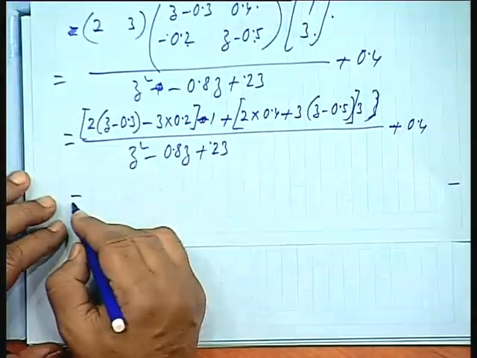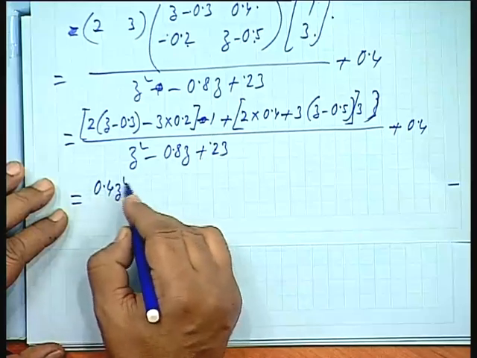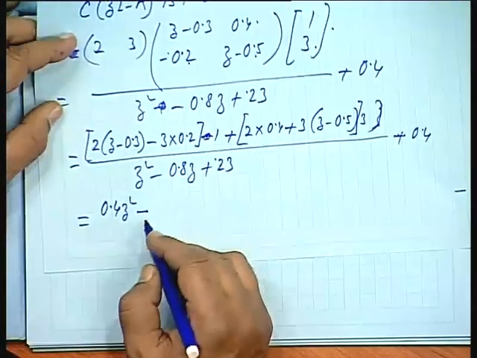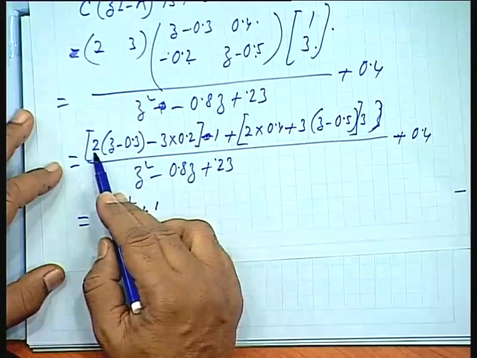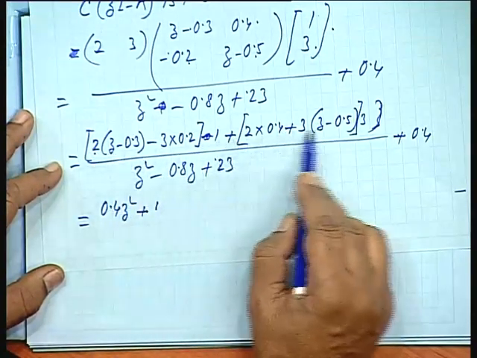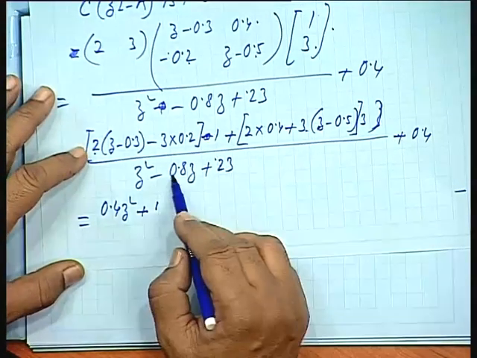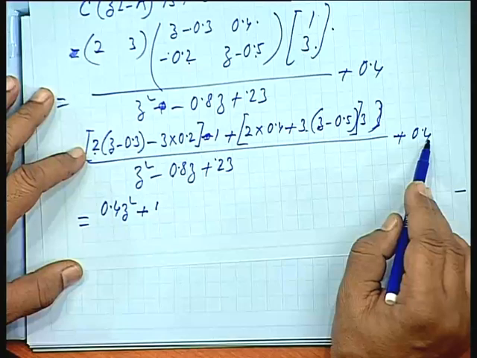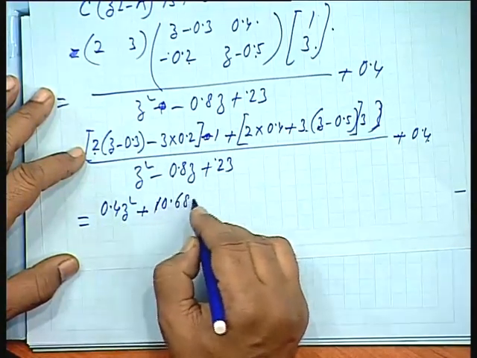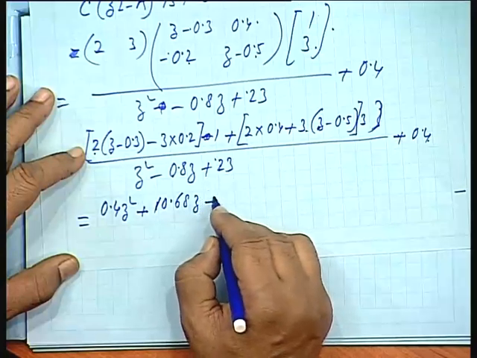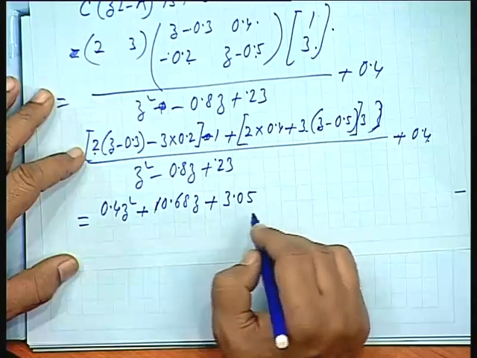So, finally, if I add this, you get 0.4 Z square plus 11, see 2, 3 3s are 9, so 9 plus 2 is 11, minus 0.4 into 0.8, so minus 0.32. That gives me 10.68 Z, and you let me know what final value you get here.